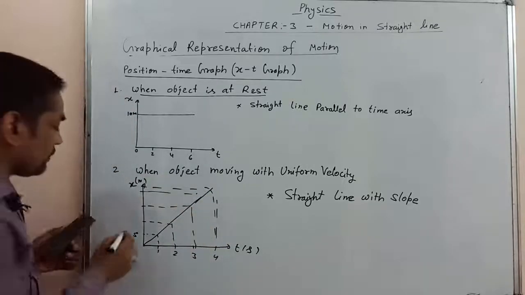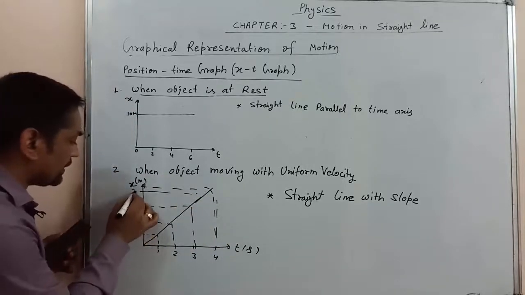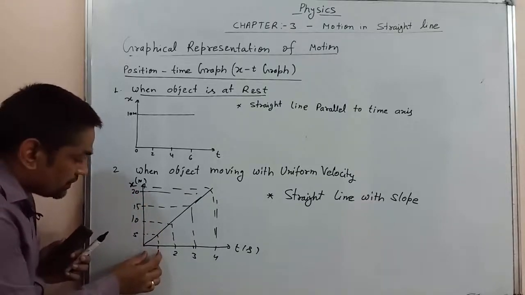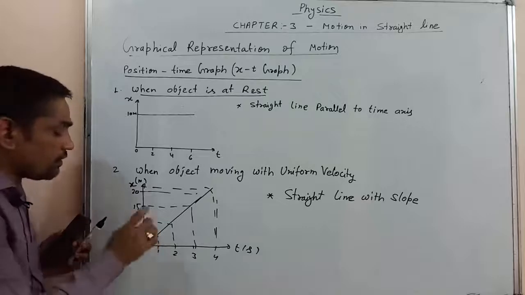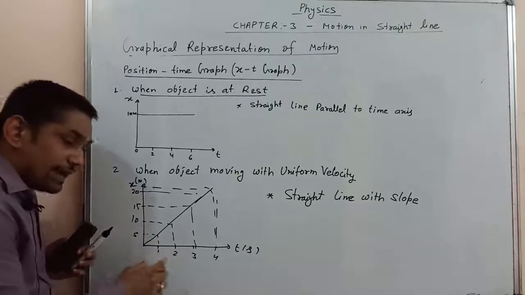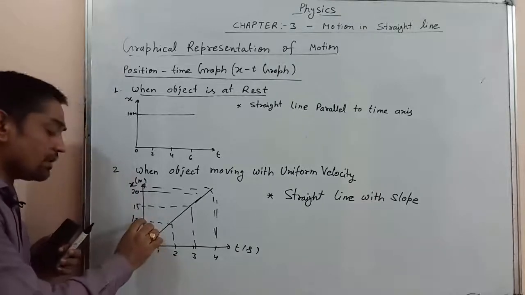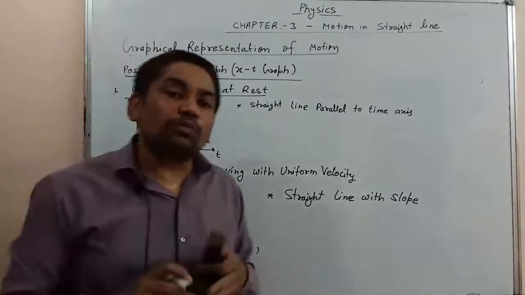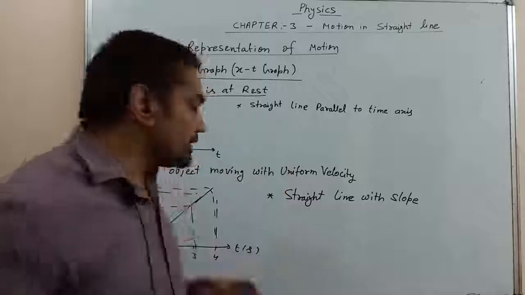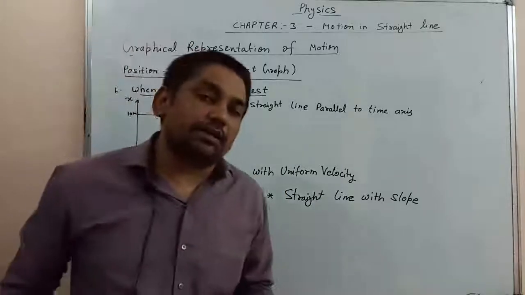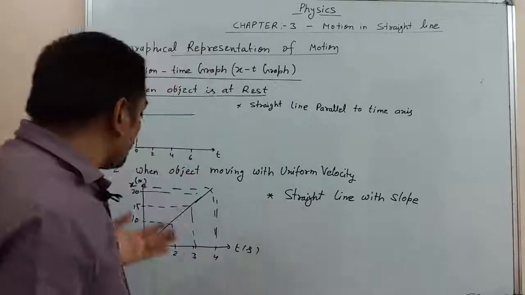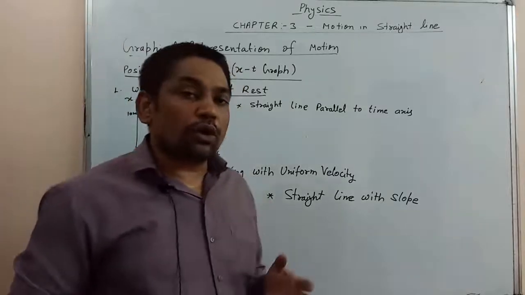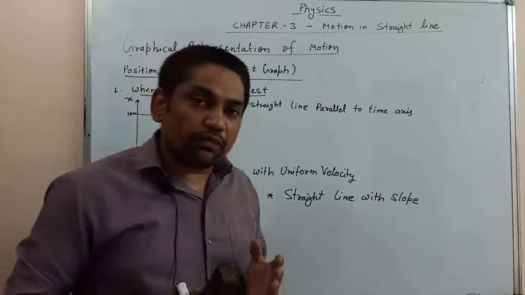So 5, 10, 15 and 20. So after first 1 second the object covered 5 meter. In next 1 second the object covers 5 meter. Next 1 second object covers 5 meter. So object covers equal displacement in equal time interval. So this kind of motion is called uniform motion, or an object moving with a uniform velocity.